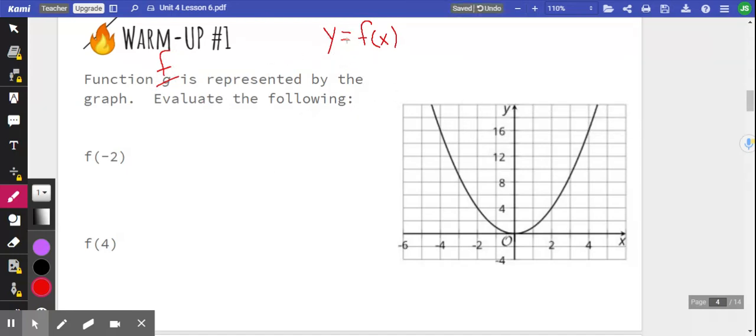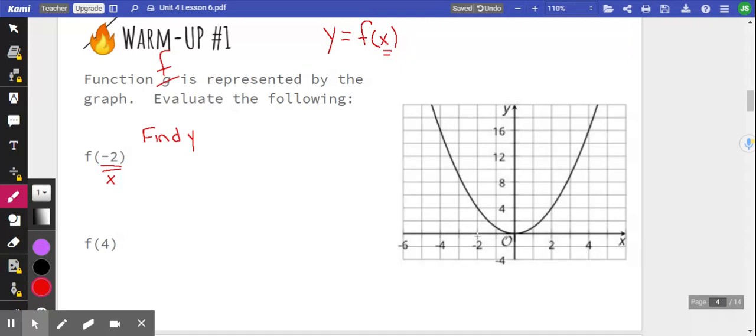Okay, so when we're in the parentheses, that's dealing with an x value. So looking at this, f of -2, this is giving our x value. So when we're given an x, we have to find the y that goes with it. So when I look at my graph, and here's my 0, 0, my origin, I've got to go over to -2 for my x.